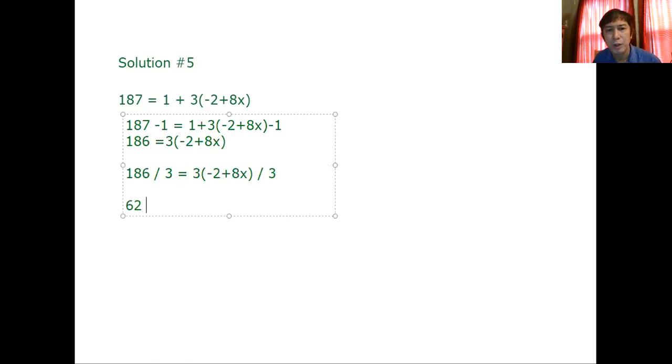And we continue at the right side. Now, where did I get 62? It's 186 divided by 3. Now, at the right side, you can see this number 3, and this will divide by this 3, making just 3 over 3 is 1, and that number 1 will be multiplied by this quantity.